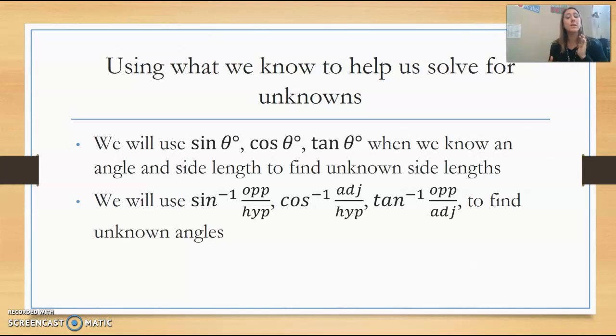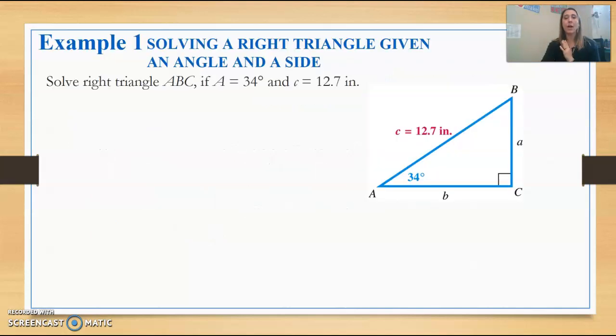Okay, so we're going to be using the inverse when we're given side lengths but not an angle other than 90 degrees. So we are going to practice this. I would like you to get this triangle in your notes. As you're drawing that triangle, I wanted to talk about what we round to. Typically I have students asking me, how far do I round?